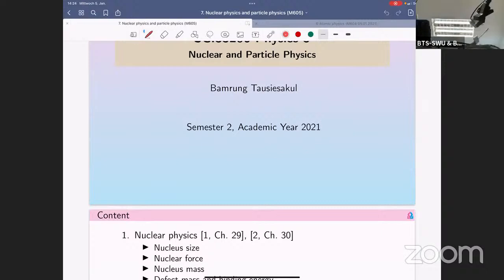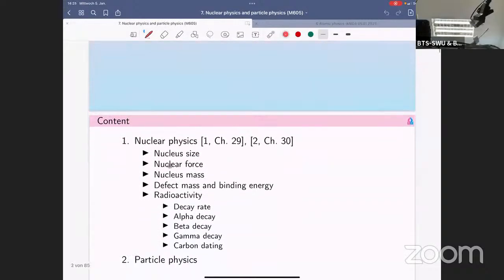Chapter 7 is about nuclear physics and particle physics. Nuclear physics is taken from book number 1 and book number 2 in chapters 29 and 30 respectively.